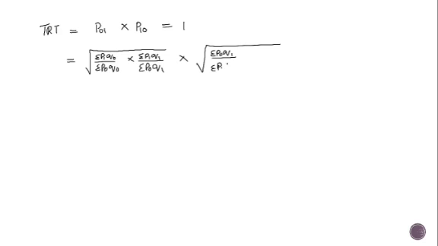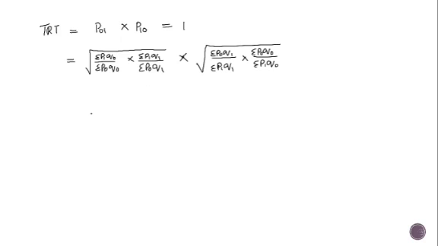That is equal to square root of summation P1 Q0 divided by summation P0 Q0 into summation P1 Q1 divided by summation P0 Q1, into reverse of it, which will give you summation P0 Q1 divided by summation P1 Q1 into summation P0 Q0 divided by summation P1 Q0. Now we will substitute the values.